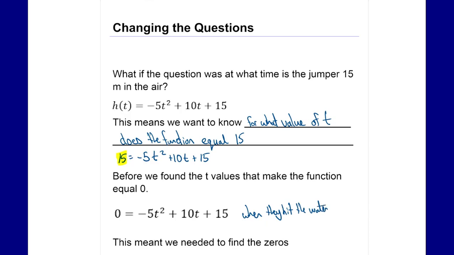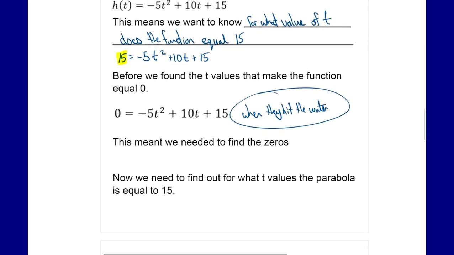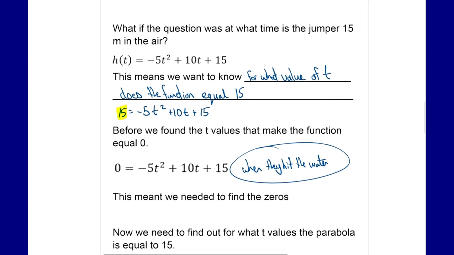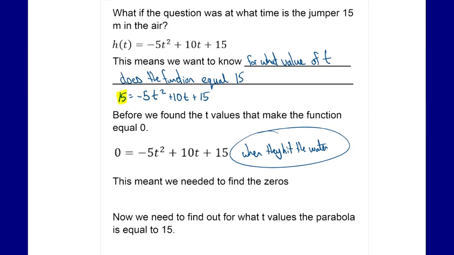So we had to find the zeros, or the x-intercepts. Now we need to find for what t-values the parabola is equal to 15. So we're looking now for when the height is 15.